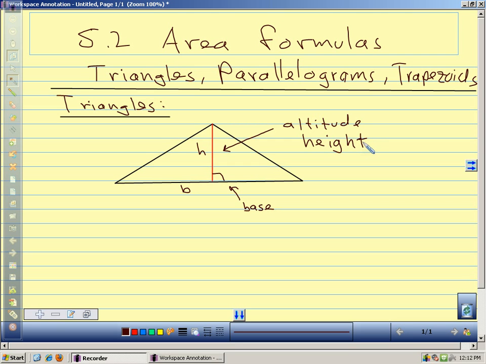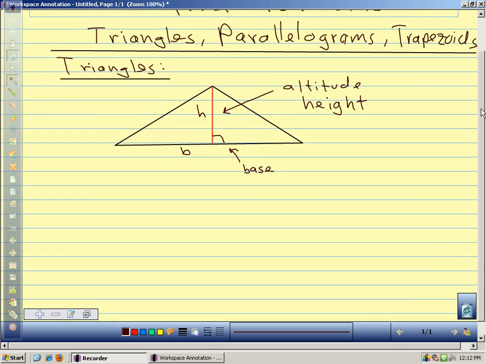So they're a little bit different, but usually we use them interchangeably. So the length of the segment is the height. It has to make a 90-degree angle with the base, and any side can be the base. And we would draw in the altitude depending on which side we chose to be the base.